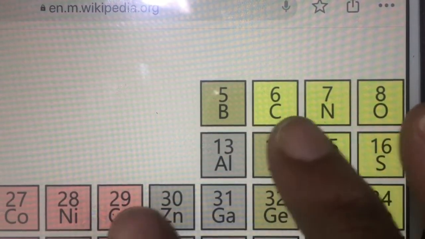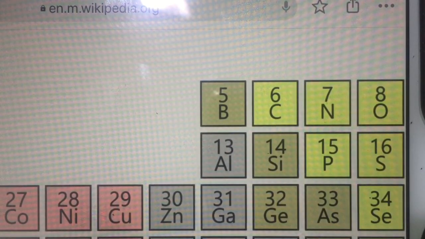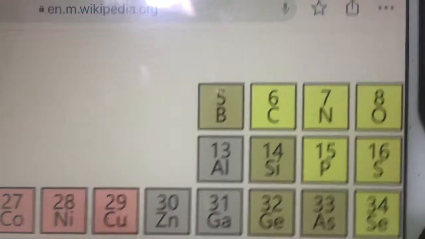In this video, we are trying to learn how to write the electronic configuration, and why the elements within a particular group show marked similarities in their properties. That's what we are going to explore now.